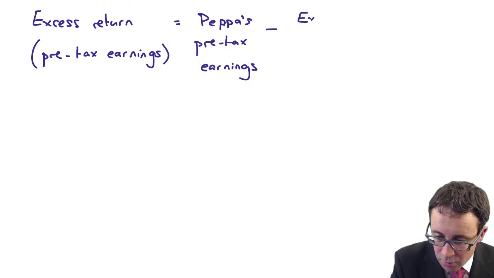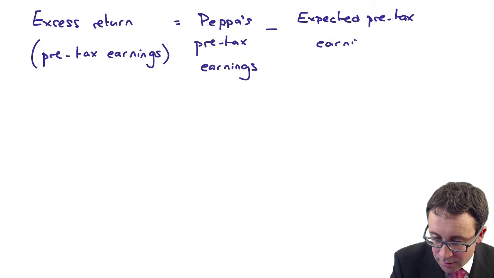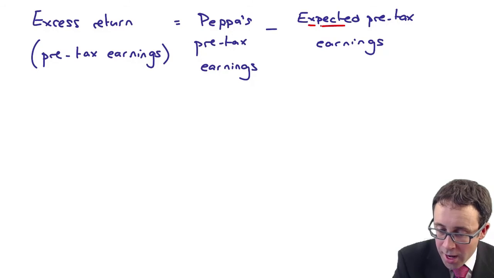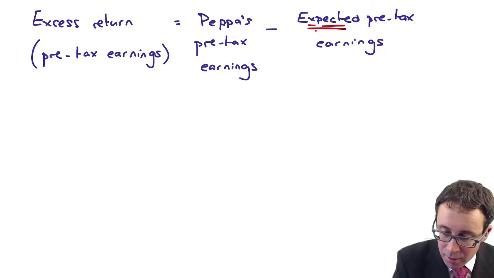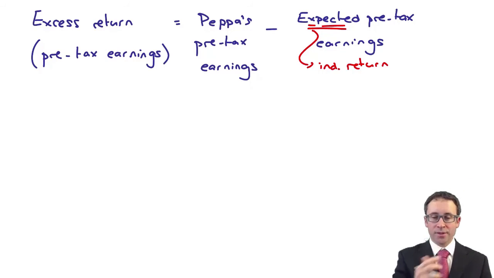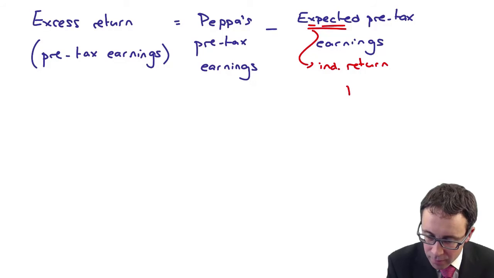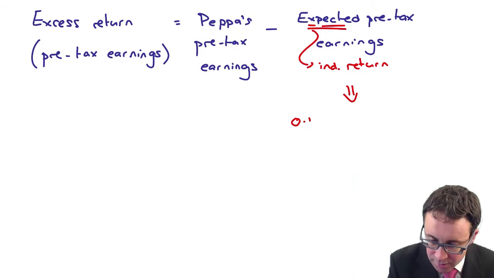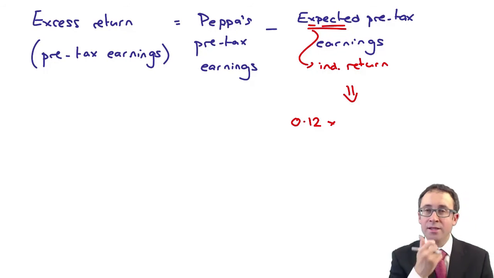Okay, so your expected pre-tax earnings. So what do we expect based upon the industry return? Okay, because what we've got there is, at the moment, the industry is generating, is it 12%?